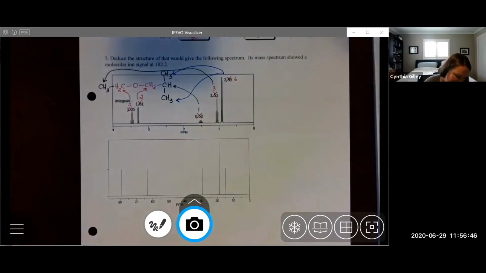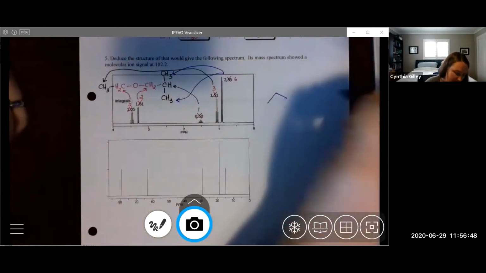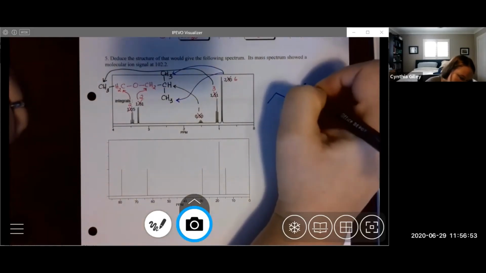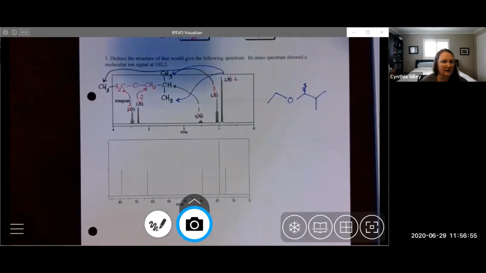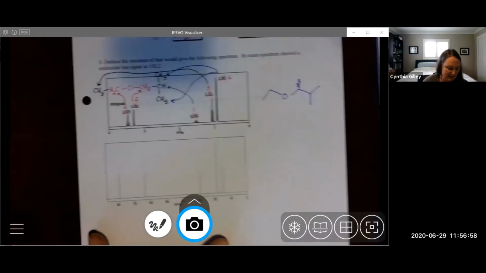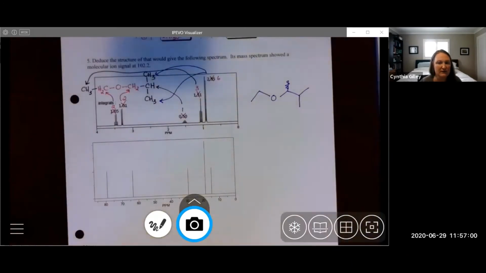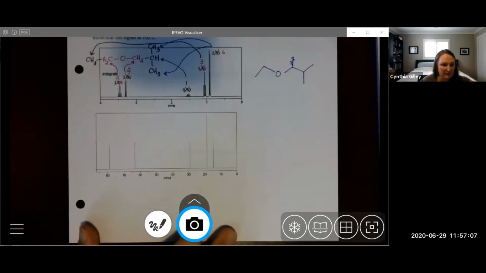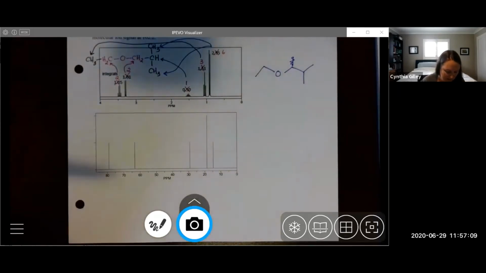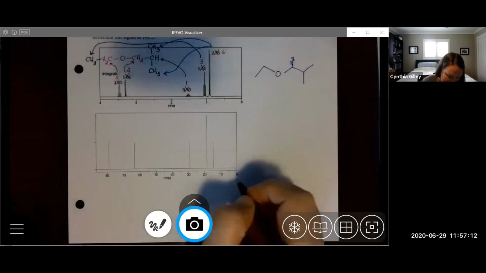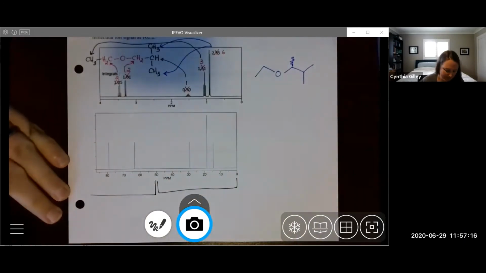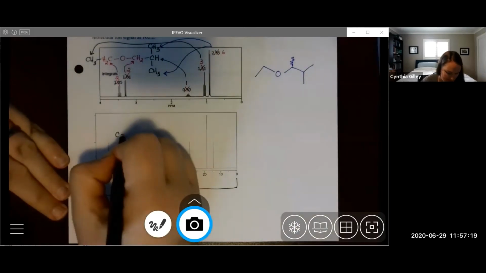So essentially, we came up with ethyl, oxygen, CH2, CH2, methyls. This is an ether. And if we double check with the carbon NMR, you can sort of break this up into 0 to 50 and 50 and beyond. These would be any carbon attached to an oxygen.